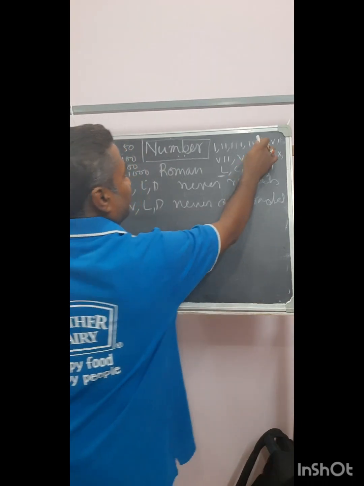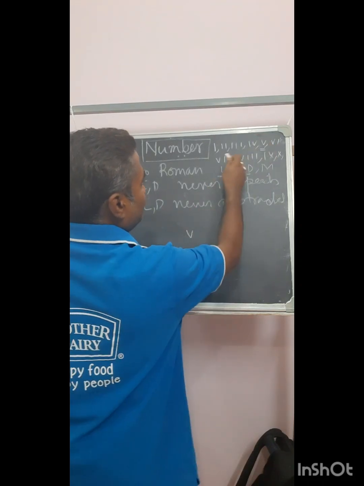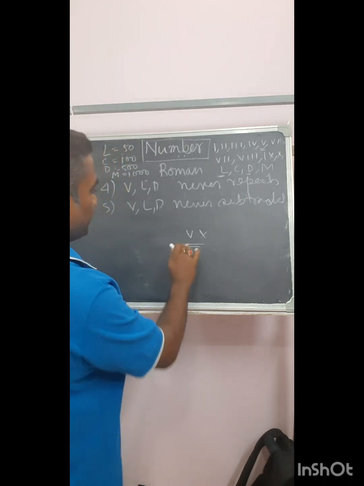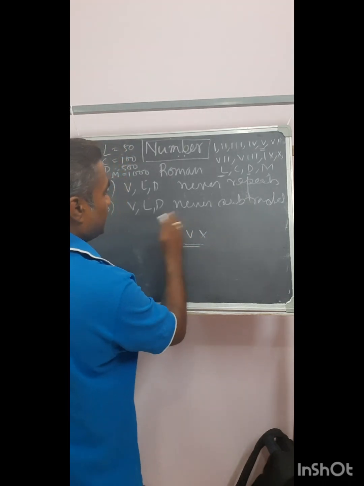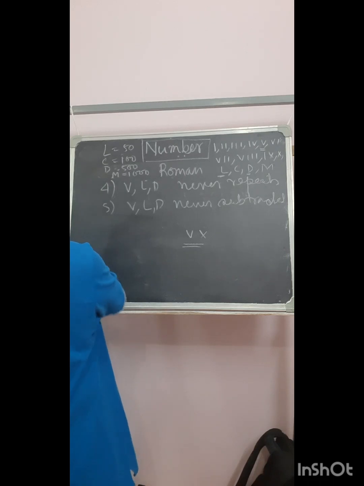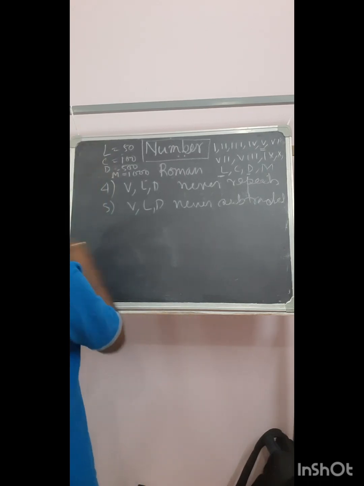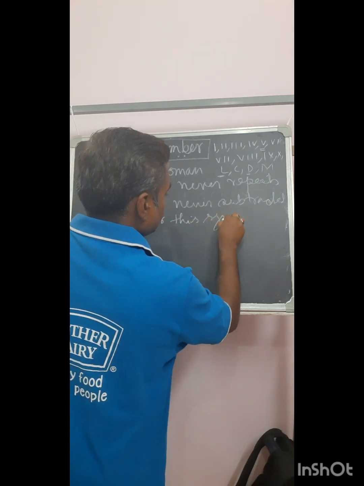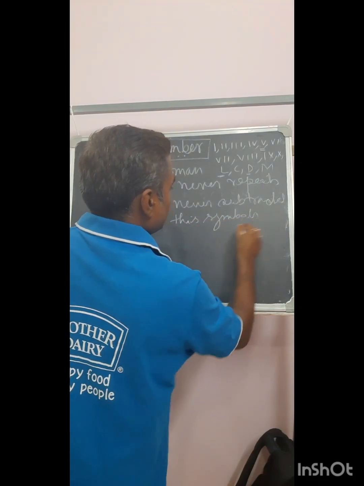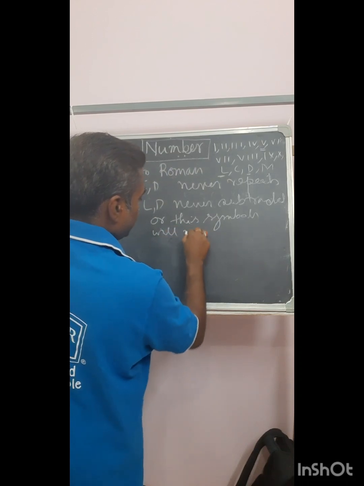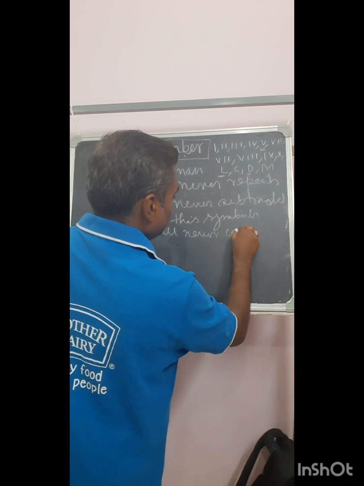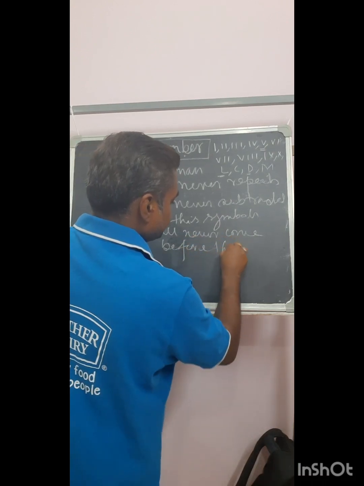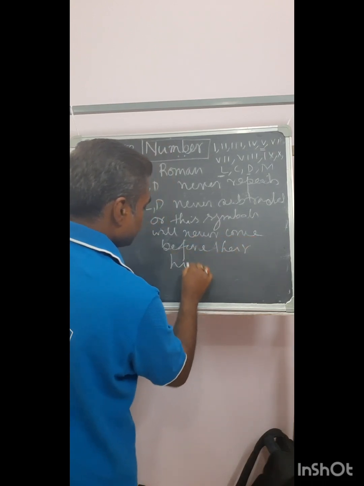That means if V is placed before X, then there is a question of subtracting, but V can never come before their higher number. In other words, these symbols will never come before their higher number.